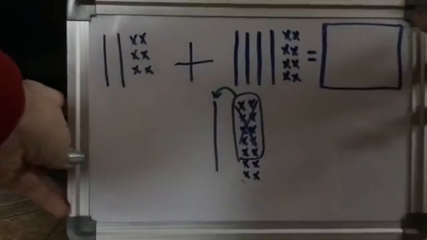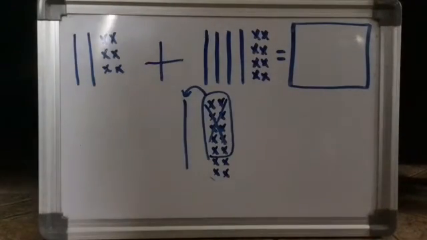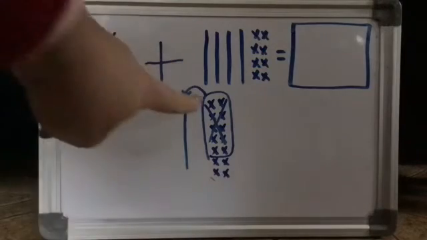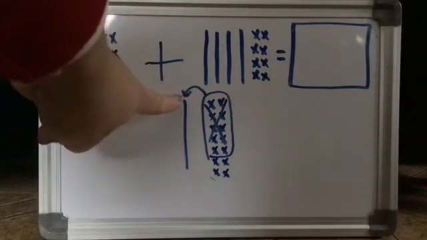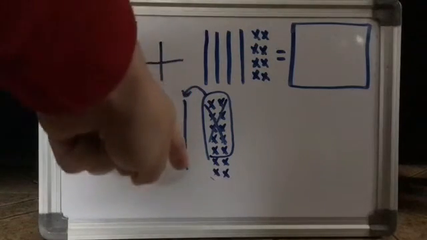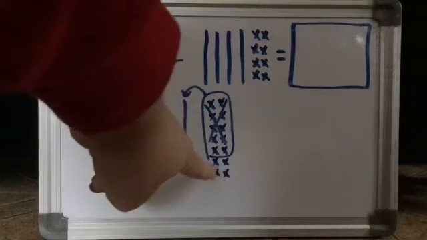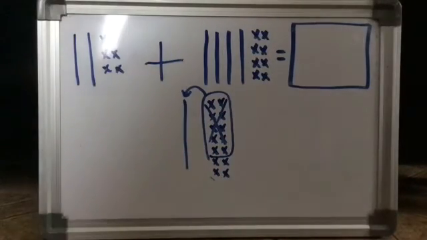And I'm going to trade them for a rod. So, as you can see here, I counted 10 of my cubes and circled them together. And I have this arrow here to show that these 10 cubes are being traded for this rod right here. So now I only have 4 cubes left when I write my number.